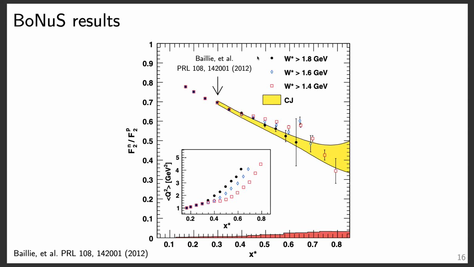So these are the results that they got. There are 3 different sets of points here, with looser cuts on W or tighter cuts. Obviously, the tighter your cut on W is, the less access you have to higher x. They compare against the prediction from the CJ global PDF fits.